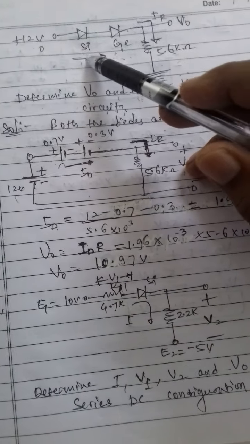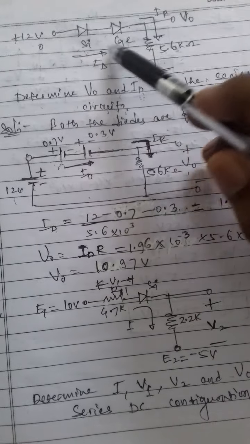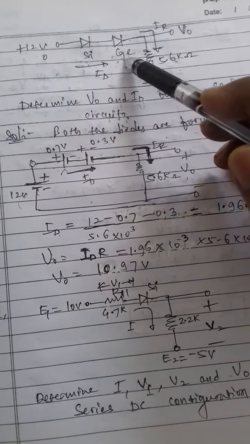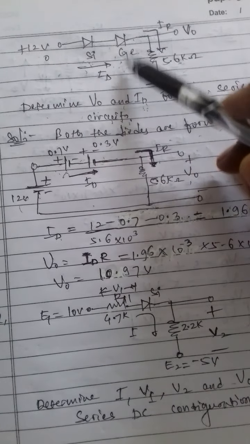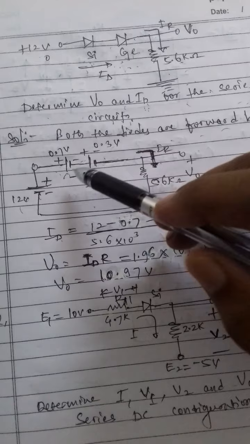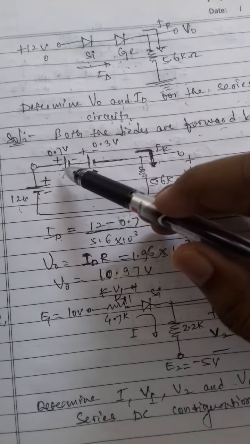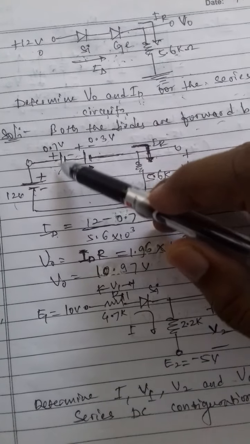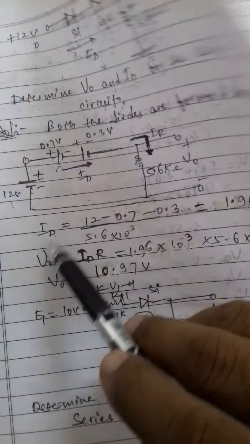If it is not mentioned whether silicon or germanium, it is an ideal diode. But here it is mentioned that one is a silicon diode and the other a germanium diode, so you have to consider the cut-in voltages of the two diodes when forward biased. Here 0.7 volts, here 0.3 volts, and this is a closed path.